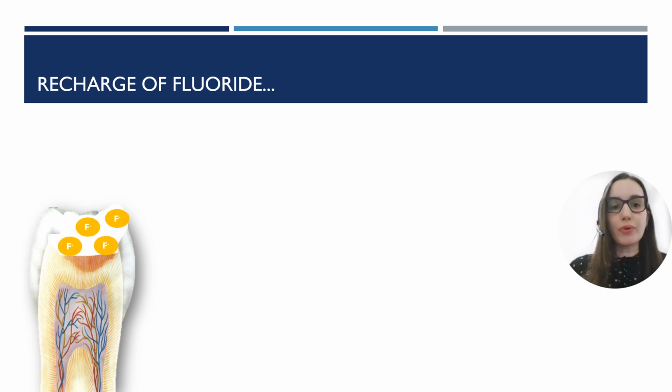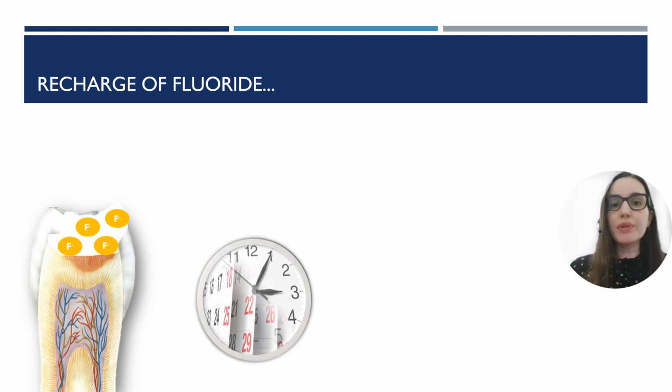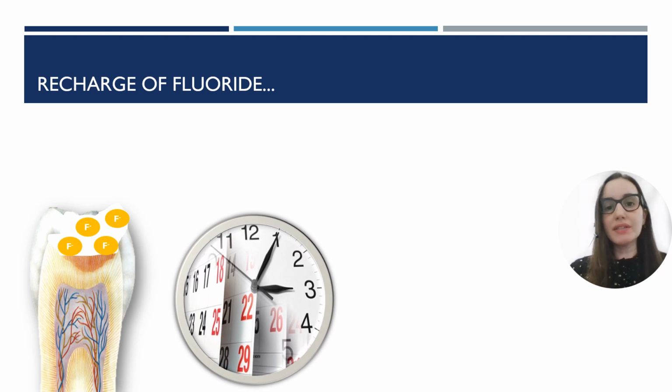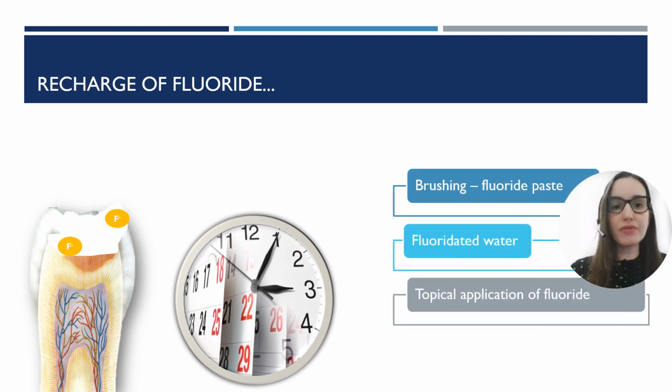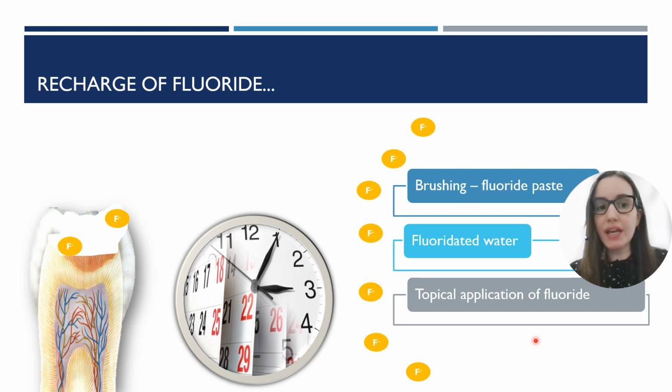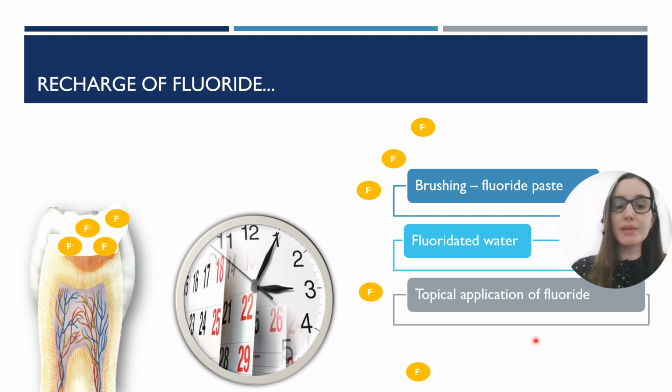Over time, of course, the amount of fluoride will decrease, but when the individual brushes their teeth with fluoride paste, drinks fluoridated water, or undergoes professional fluoride application, the amount of fluoride in the oral cavity will increase. And so this fluoride will move to the glass ionomer cement, recharging this material with fluoride. And then this ion will be released again to the oral cavity when it's necessary.